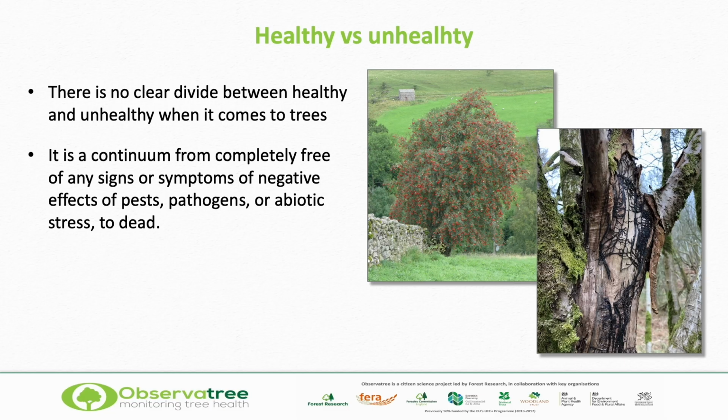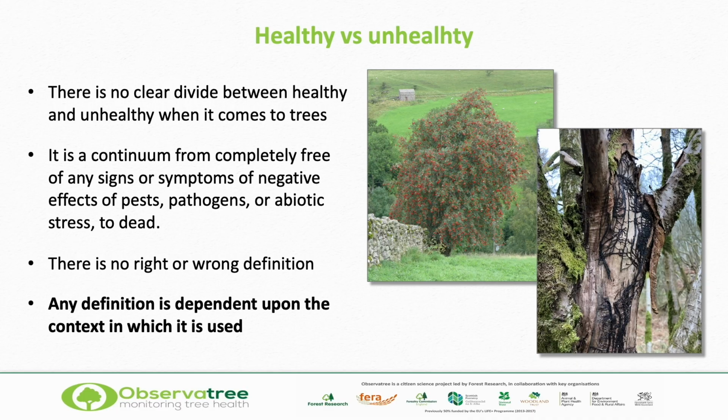It's a continuum from a completely healthy tree, free of any signs of symptoms or negative effects of pests or diseases, like the rowan on the left, full of berries, looking perfectly happy there, right the way through to dead. And the rowan on the right is absolutely full of honey fungus. That's definitely dead at this stage. Whole shades of grey in between those two.